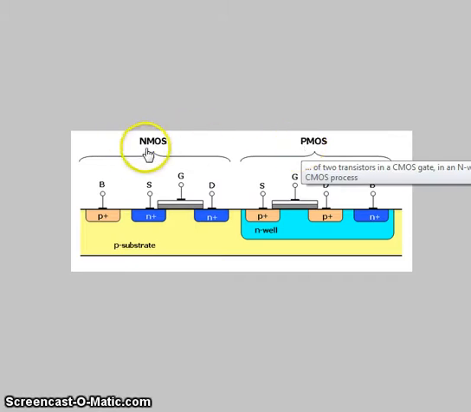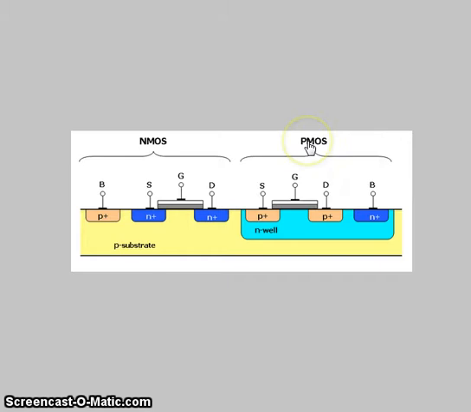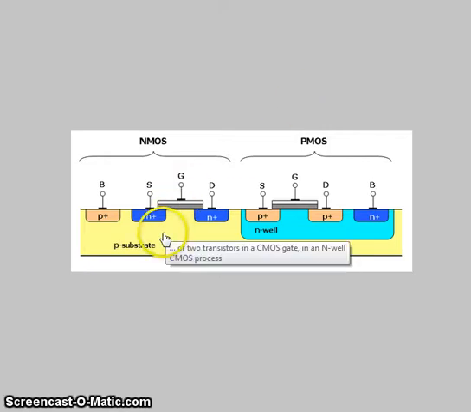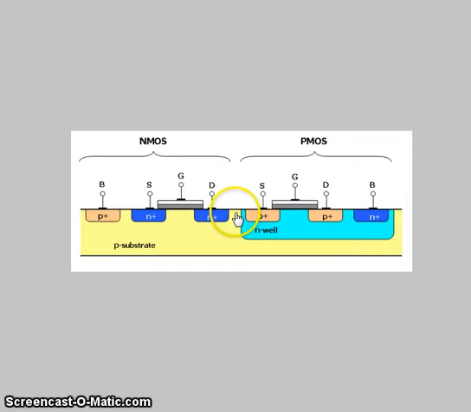And these N's and P's designate whether we are going to be using the transistor inside of a substrate whose polarity is positive for the NMOS device, or a substrate that will be negative for the PMOS device.